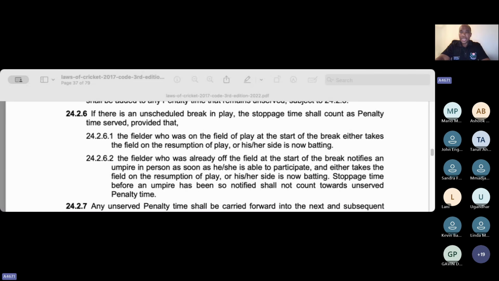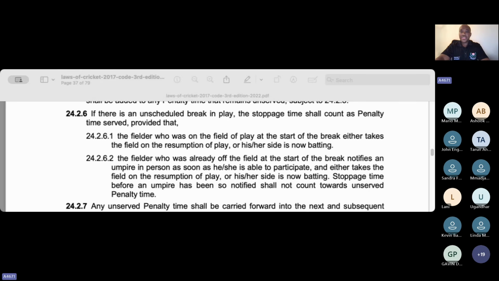So Neville says this fielder was off the field from 10:15 until 11:35 a.m. So they owed us 1 hour and 20 minutes. That's 80 minutes that they owed us. At 11:45, so he had been on the field for 10 minutes, so now he owes us 70 minutes.